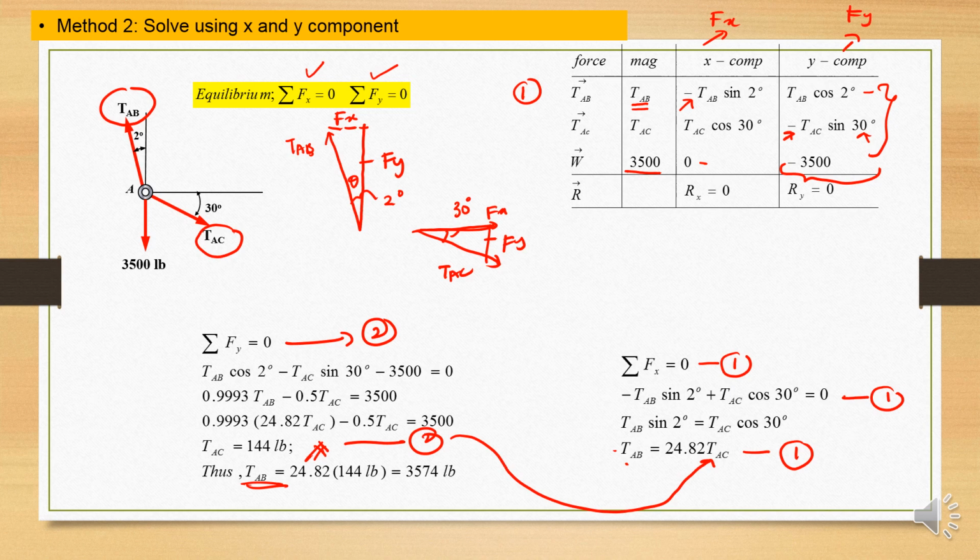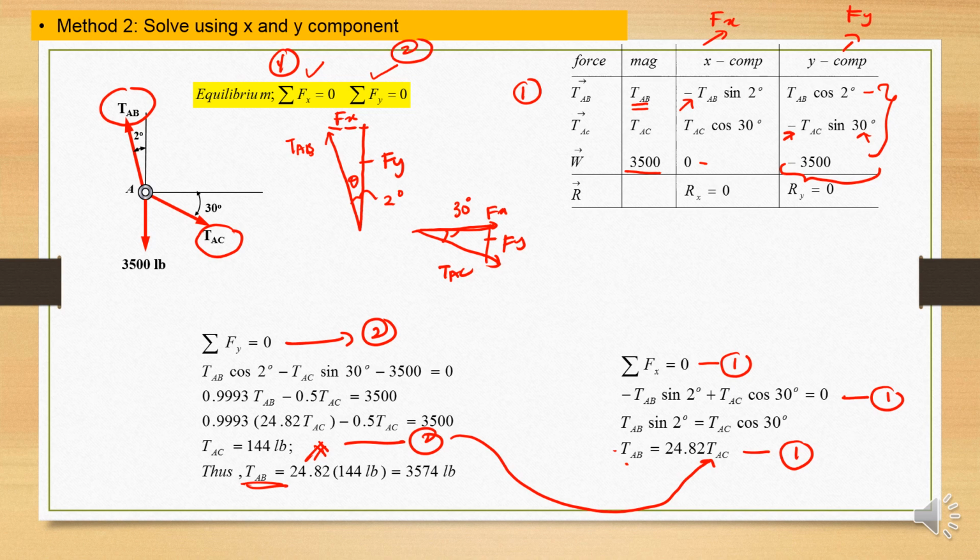So I repeat: for a particle in equilibrium, if we want to solve it using the rectangular component, we should use these two equations. The first one is summation of Fx equals 0, and the second one is summation of Fy equals 0.